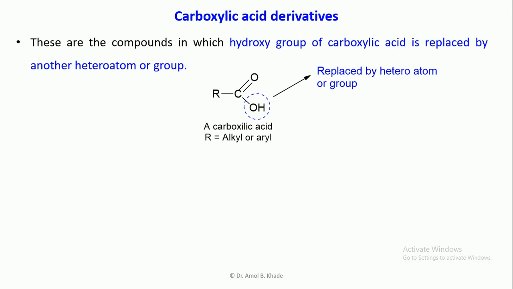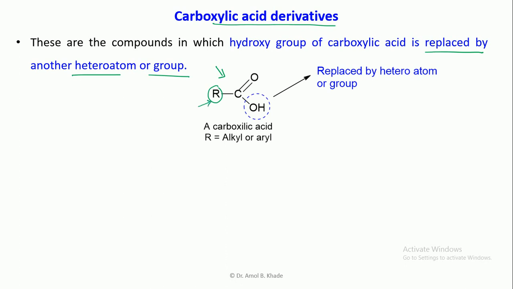Now we have discussed the IUPAC system for the nomenclature of carboxylic acids. Now we can also have the possibility of derivatives of the carboxylic acid. So what are carboxylic acid derivatives? Okay, carboxylic acid derivatives. So these are the compounds in which the hydroxy group of the carboxylic acid is replaced by another heteroatom or group. Okay, so this is the general formula we use to represent the carboxylic acid, RCOOH.